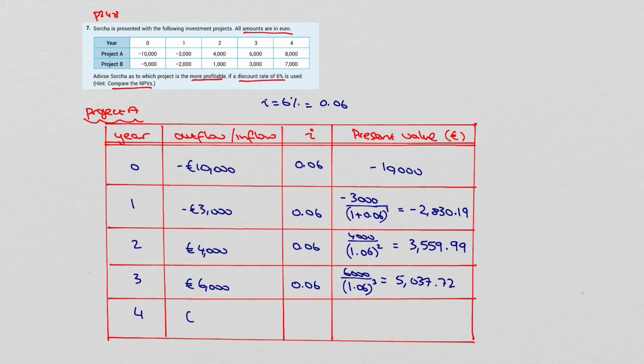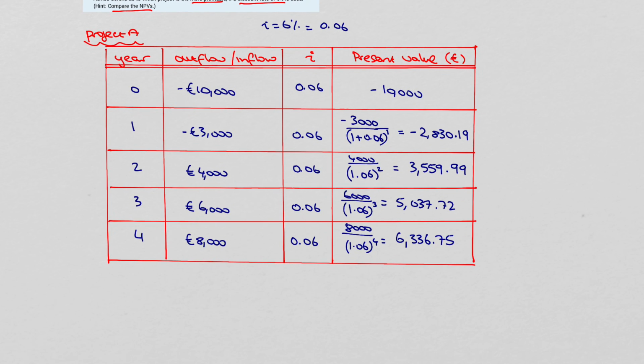And then year 4, we have 8,000 coming in, and we're discounting it back 4 years. And therefore that is a value of 6,336.75. Okay, so now we have the present value of each of our amounts, our inflows and our outflows.